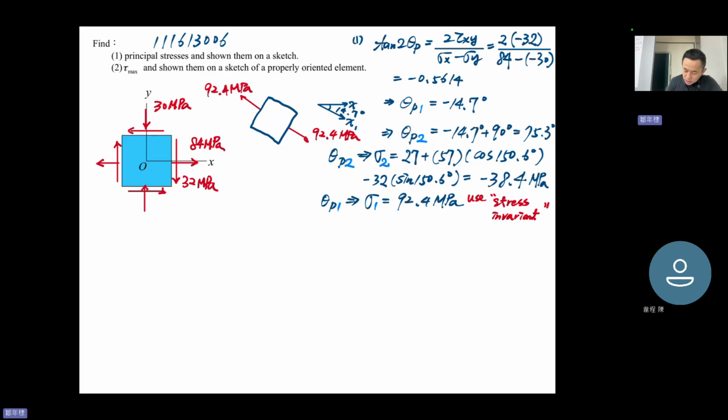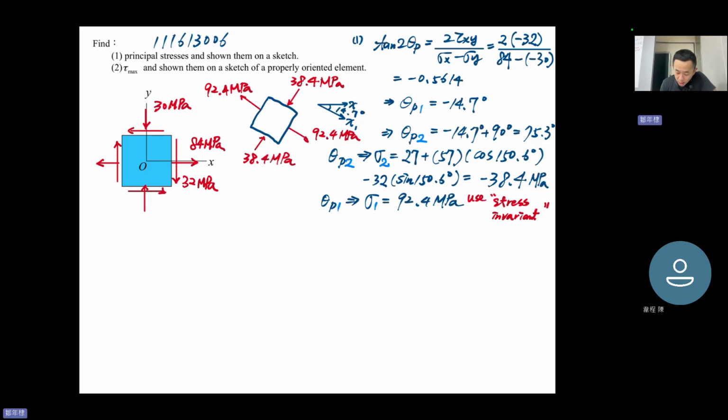And then the other position is minus 38.4 MPa. Again, you will notice that I didn't write down the minus sign because I made the arrow tell me everything. Okay.